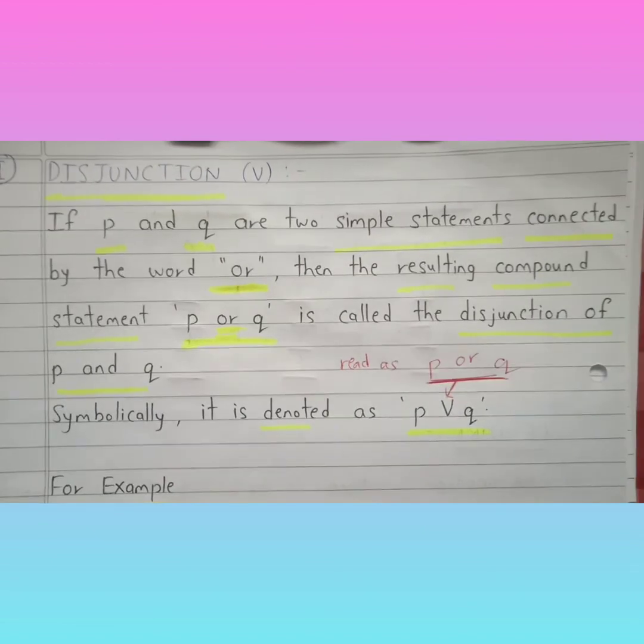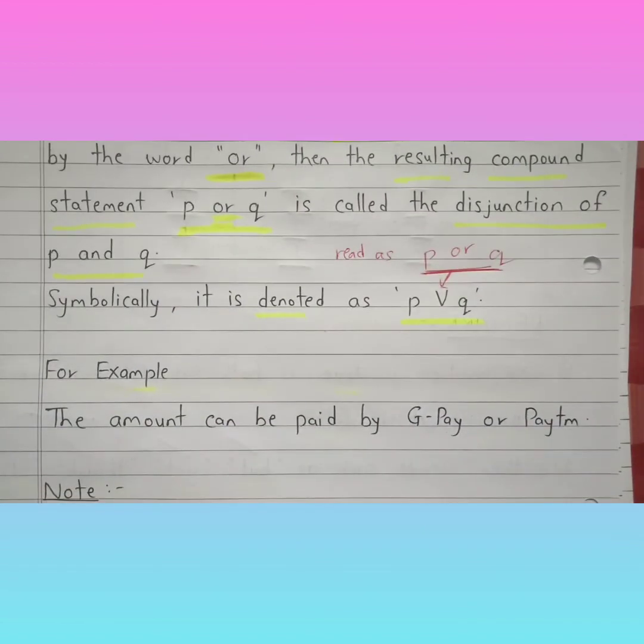Let's see an example. The amount can be paid by GPay or Paytm. You must have seen such statements in some shops. Because online payment is now available, we can pay by GPay, Paytm, and many such options.